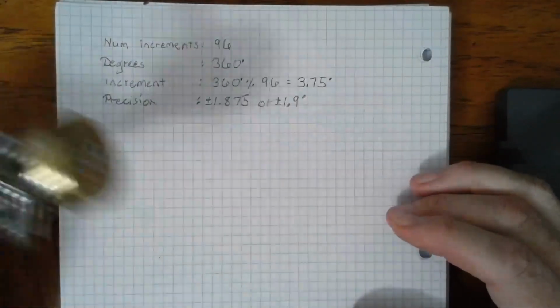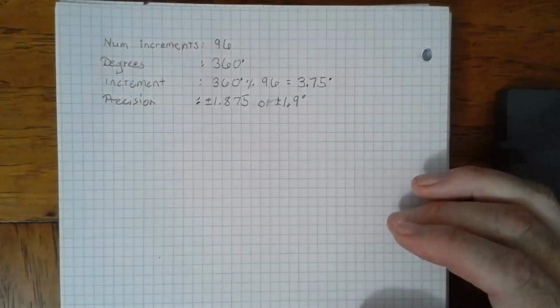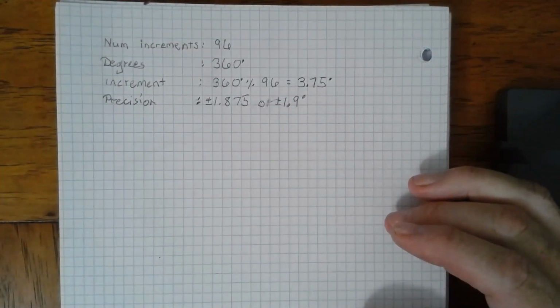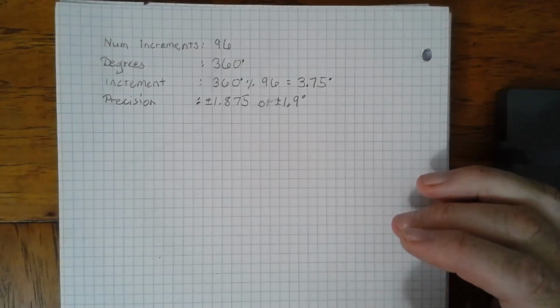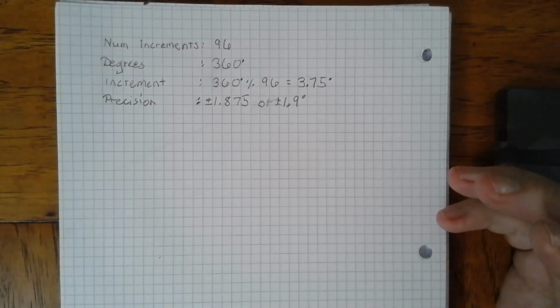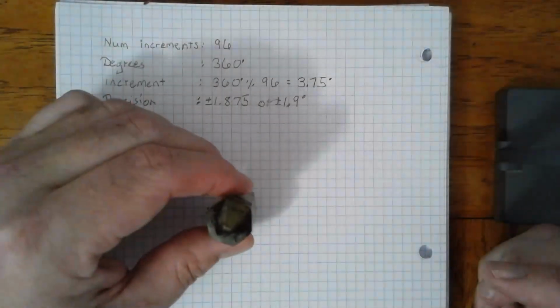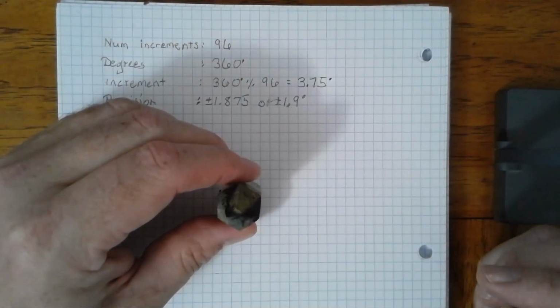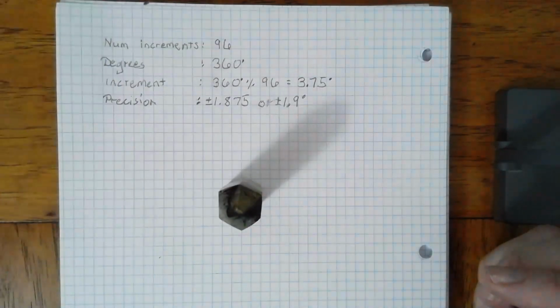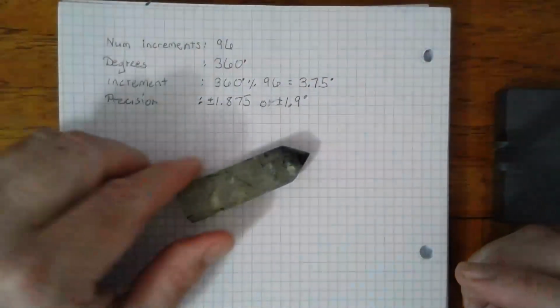But how does this work, or in other words, how does this affect the faceting process? So here we have a crystal picked up at the mineral shop.